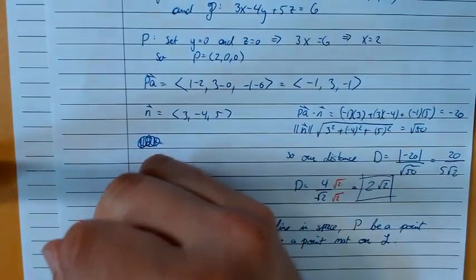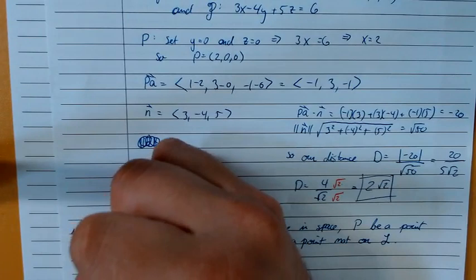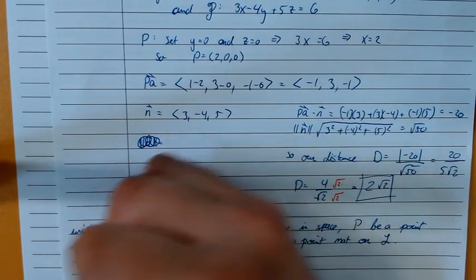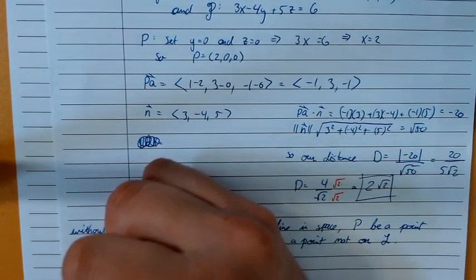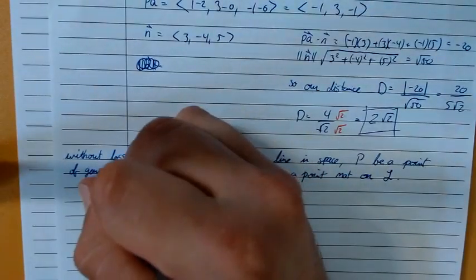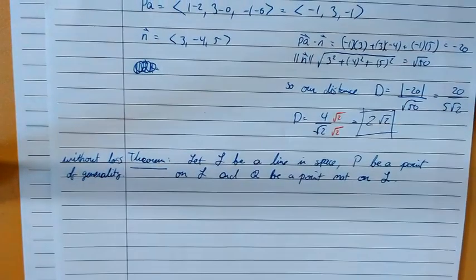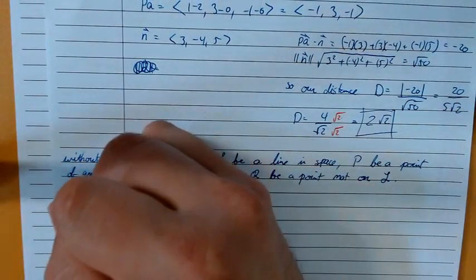So without loss of generality, we could draw it more generally, but it doesn't really matter. Without loss of generality, let's draw this on the plane.